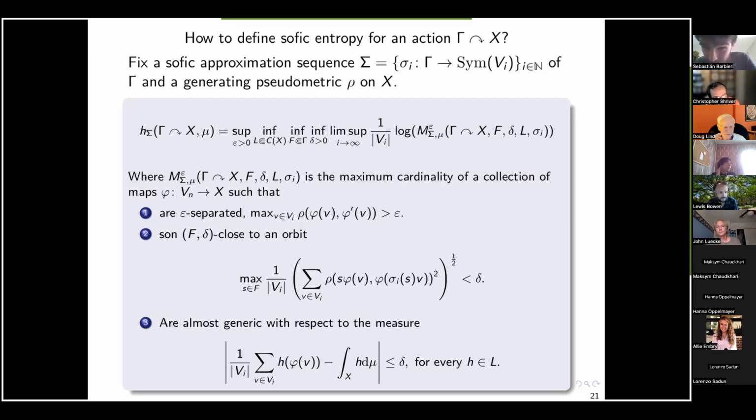You take the lim sup as i goes to infinity of 1 over |V_i| log of something, where something is the maximum cardinality of a collection of maps from these finite sets V_n up to X, such that they are separated in the sense of the Rufus-Bowen metric. They are very close to an orbit, parameterized by this function f and delta. And they are almost generic with respect to the measure, in the sense that if I take this Birkhoff average, well, it's the same as integrating h for every h in this finite subset of continuous functions.